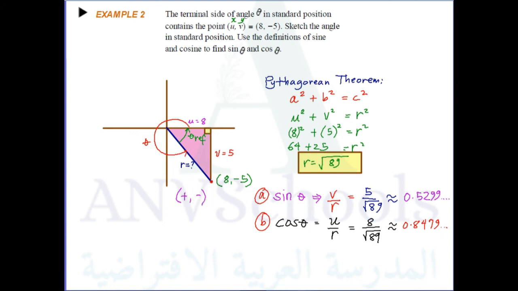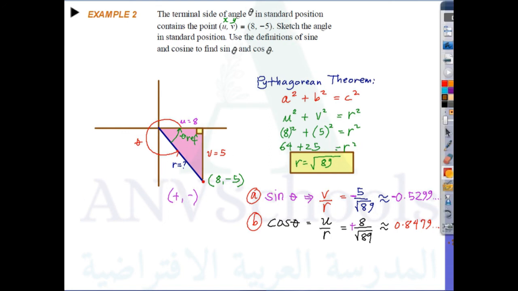Therefore, this one would be negative. This would be negative because our sine of theta is negative, but this one is positive. Okay? So the value of this is negative, and this is positive. Okay? So these are the answers for this example.